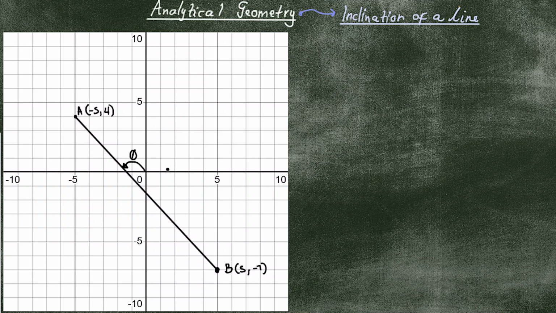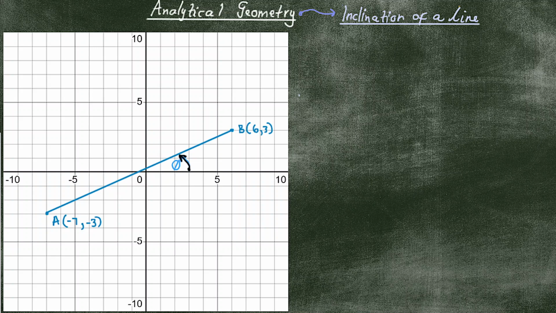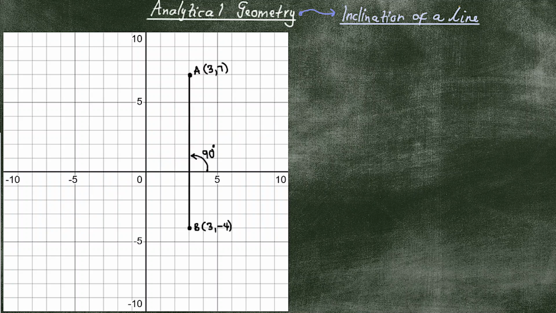So you have seen two cases, right? So this is the first one. Here's the second one. Let's talk about this one. Since it's a vertical line, this vertical line also has an angle of inclination. For a vertical line, it's obviously going to be 90 degrees, because a vertical line is perpendicular to the x-axis, whether the positive axis or the negative axis.